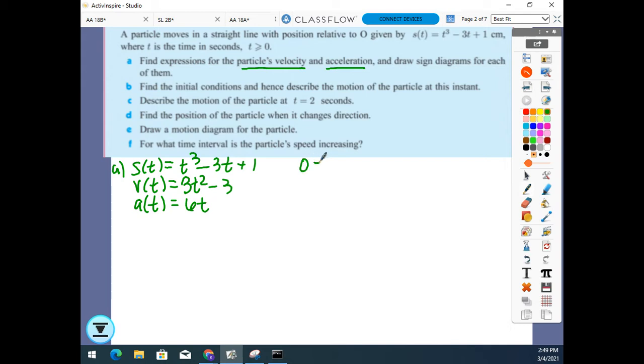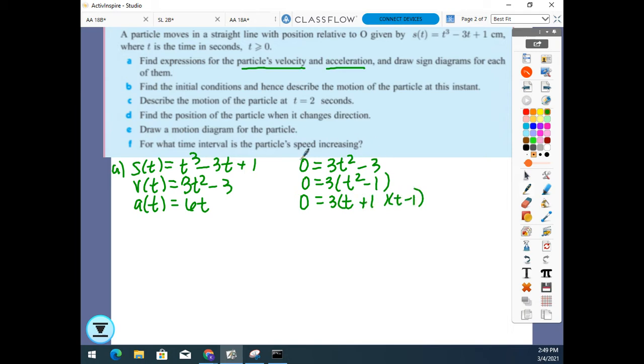So I set my V equal to 0. You can factor this, or you can just solve for t and take the square root. I'll factor out the 3. Then we just have t plus 1, t minus 1.